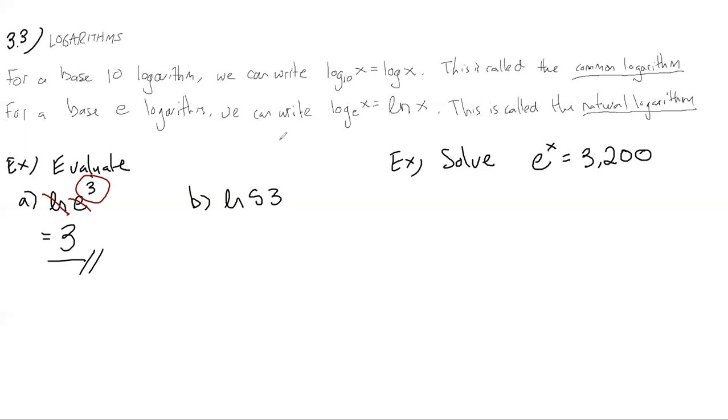So for this one, I'm going to use a calculator. Right beside your log button, you should be able to find an ln button. You just hit that button, and it should do this calculation for you. So if I punch in ln of 53, I should get 3.97.